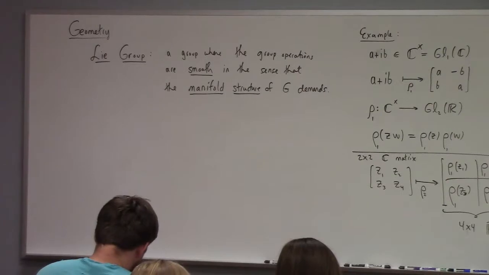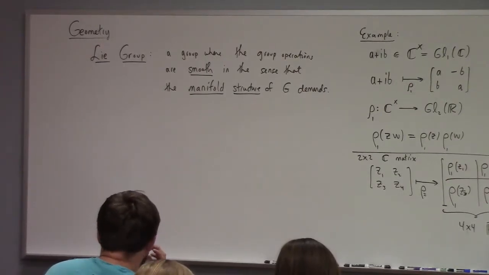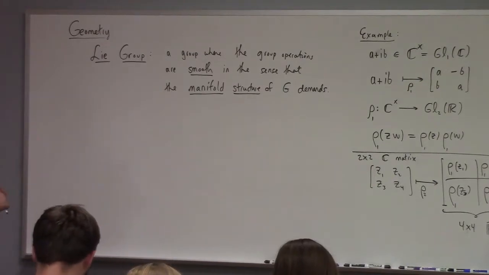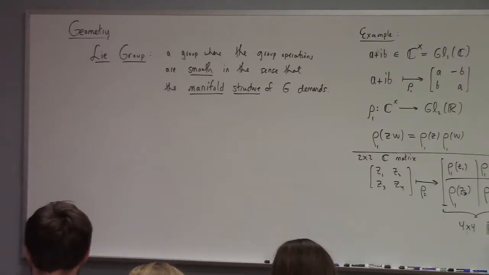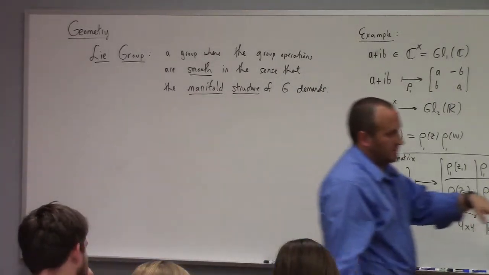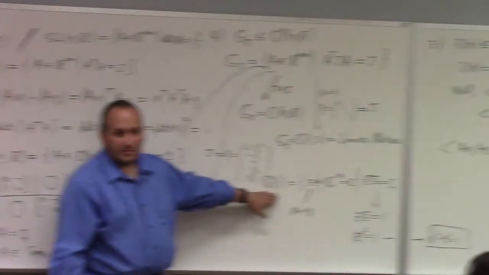Matrix groups are the most important and probably easiest example of Lie groups. So, like, what's the dimension of these different spaces? I think you could tell me what's the dimension of U1. U1 is a matrix group.